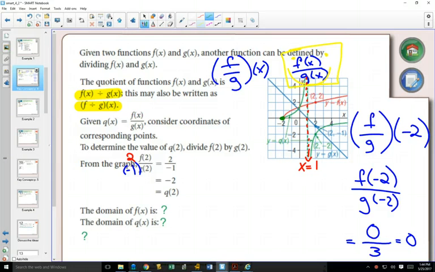What were the points that we said were important for dividing? Well, whenever the function on the top, and the red function is the one on the top, is equal to 0, the quotient is equal to 0. So that was important. We also talked about wherever our red and blue graph are the same, when you divide, they're going to be equal to 1.